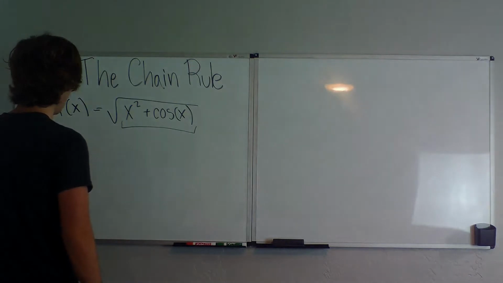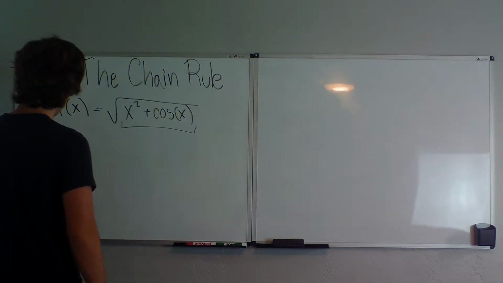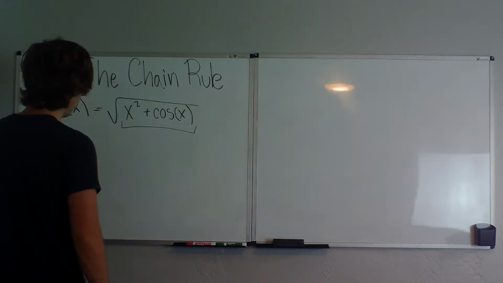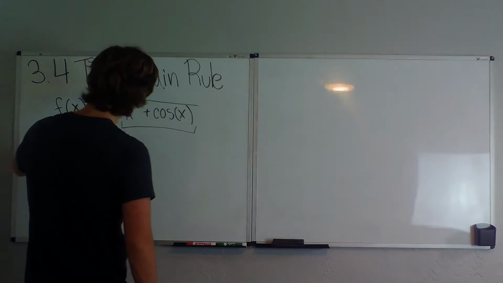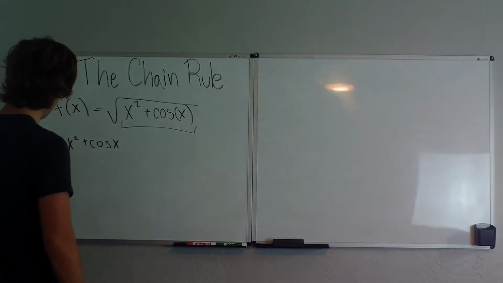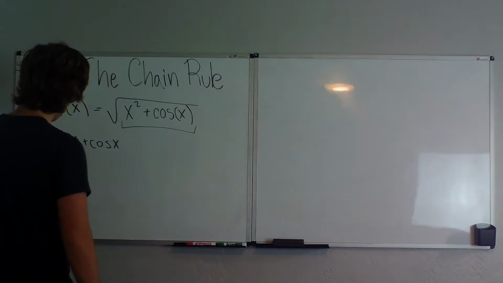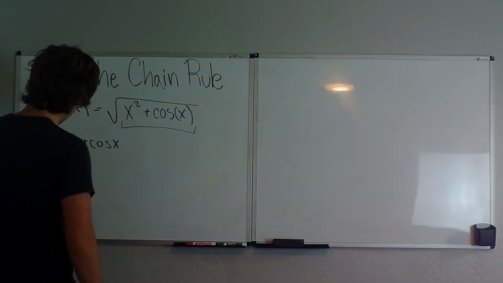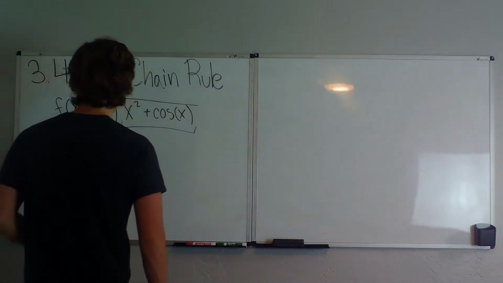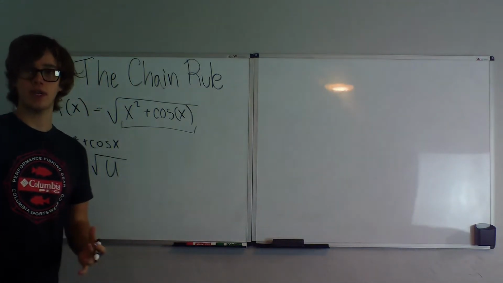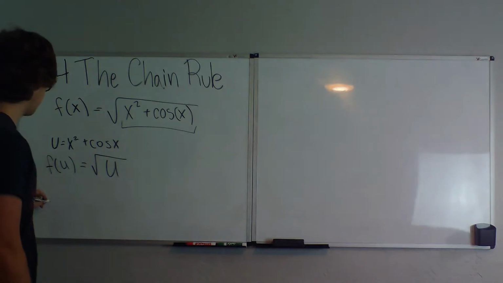So we could say our u is equal to x squared plus cosine x, and then we could say our function, our f of u, is equal to the square root of u. Okay, perfect. But then what is the derivative, f prime of u?